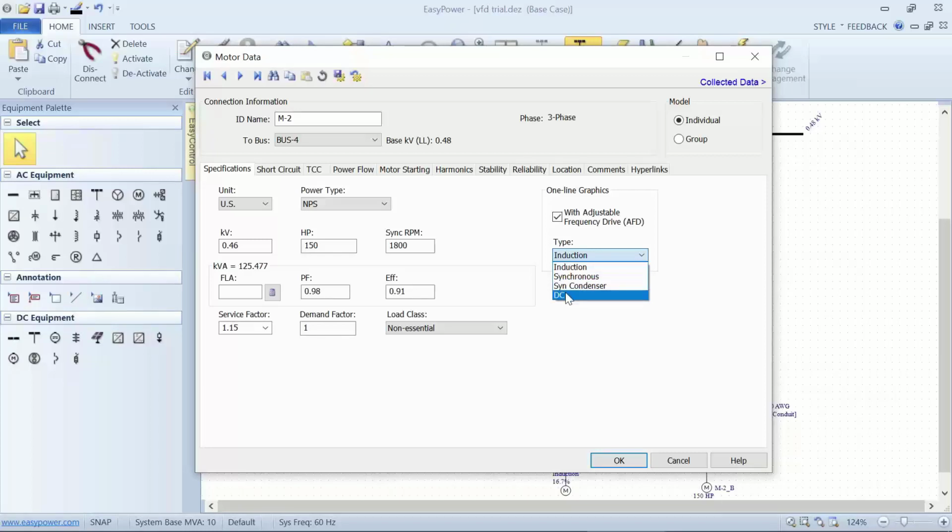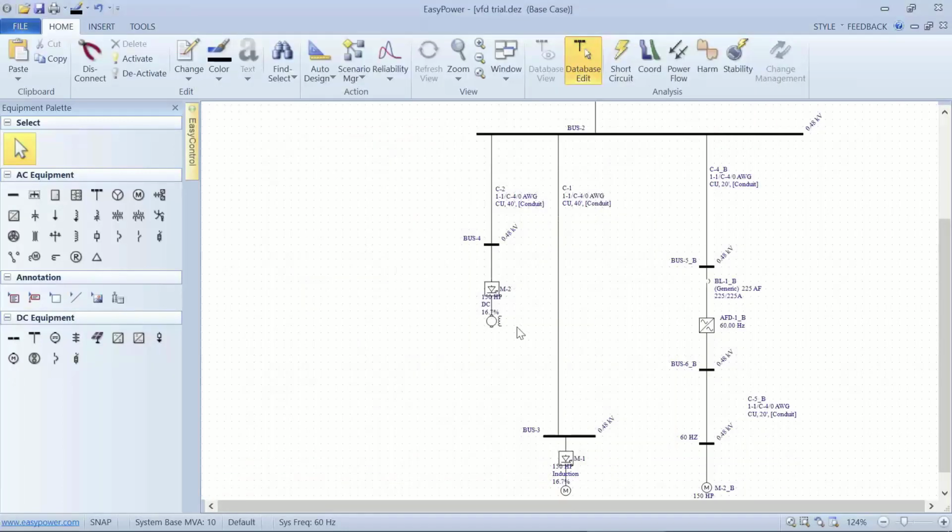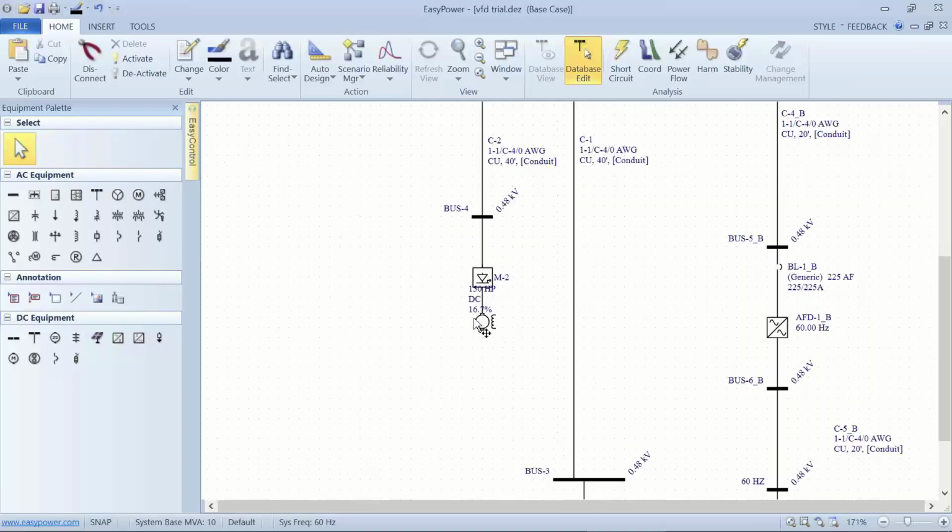I don't have any DC system set up, but if I drive a DC motor, I can go to my power factor, and I know in a DC motor, my power factor is going to be 1. And so with that modification, the tool will give me an icon that looks different, and will assume the properties of driving a DC motor.